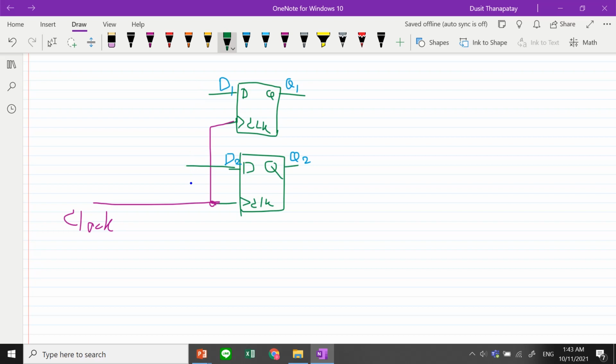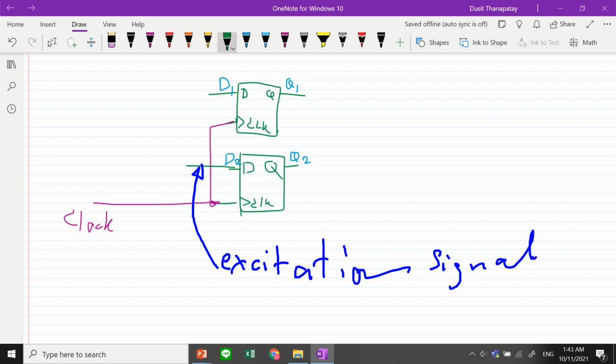Okay, so in practice, the value that is applied to D1, D2, we sometimes call this signal the excitation signal, to excite the flip-flop.